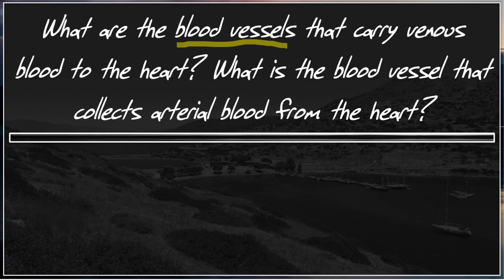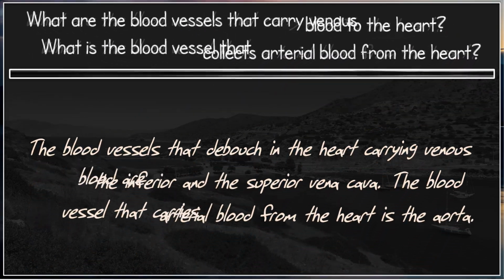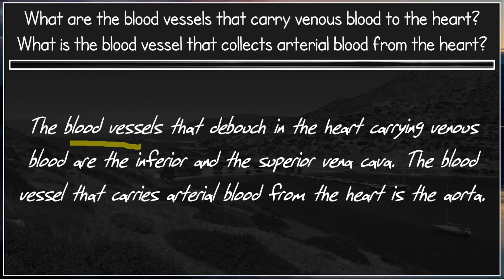What are the blood vessels that carry venous blood to the heart? What is the blood vessel that collects arterial blood from the heart? Blood vessels that empty into the heart carrying venous blood are the inferior and superior vena cava.